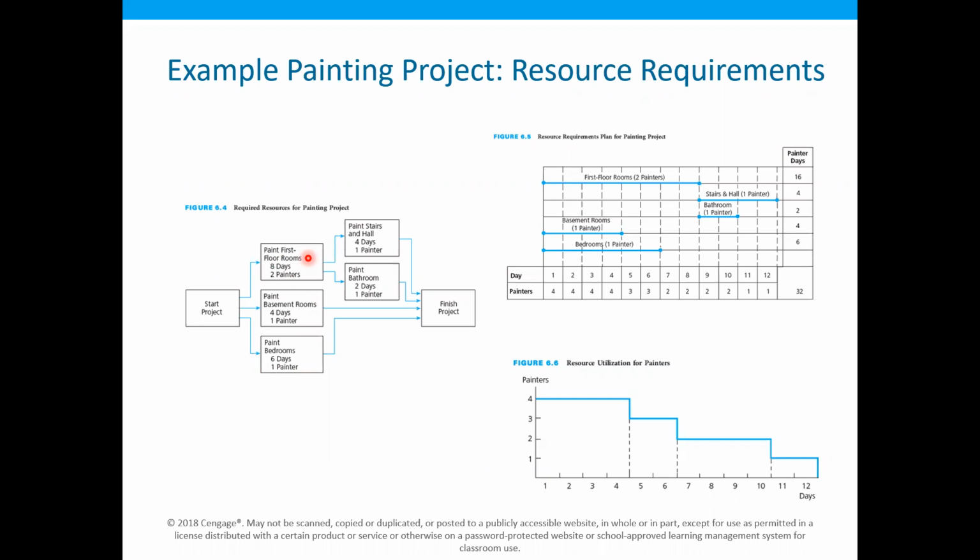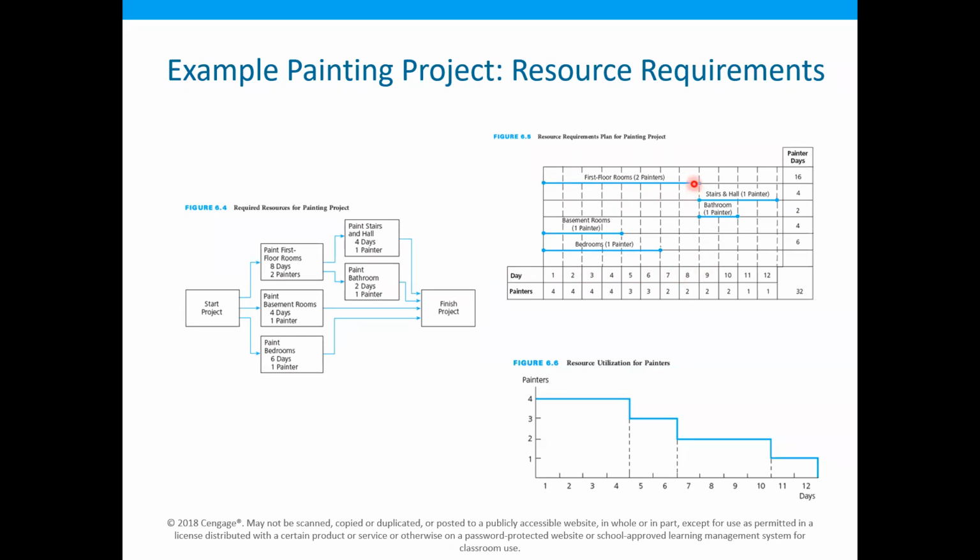In this case, we can see that painting the first floor room has been scheduled for 8 days. In this schedule chart, this activity has been scheduled for 8 days: first, second, third, fourth, up to the eighth day.